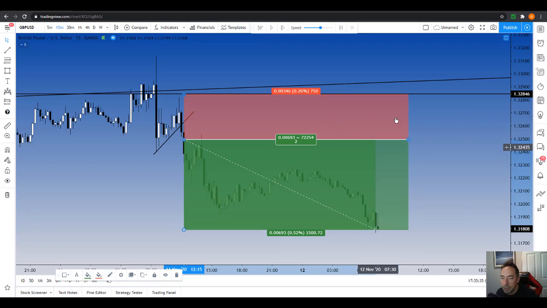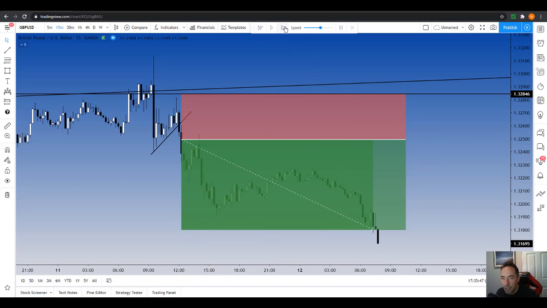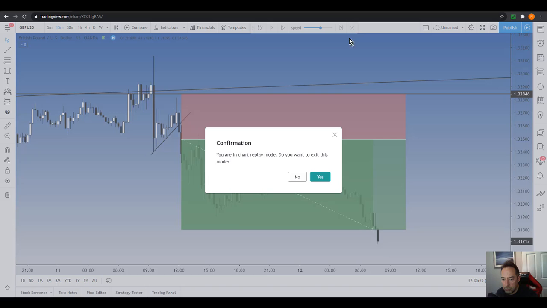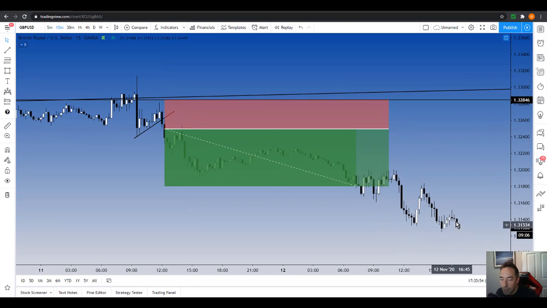Very, very simple stuff. Because price was in the right area, you know what you're looking for, and you're just waiting for it to happen, and then you look to trade it. Very, very simple trade. In fact, let's just close that. This is actually what happened, and this is live right now.